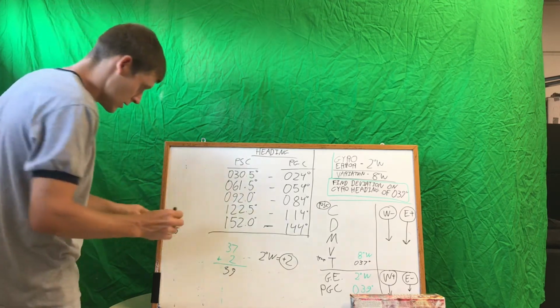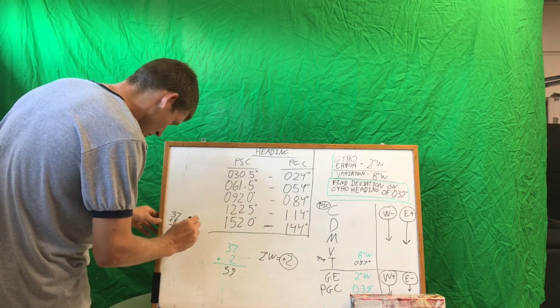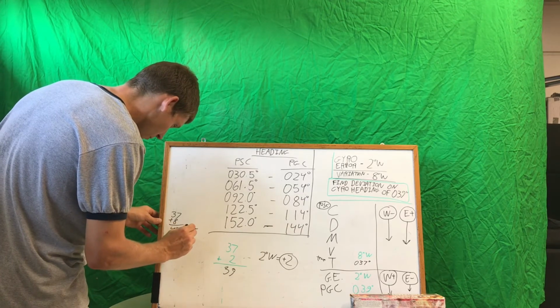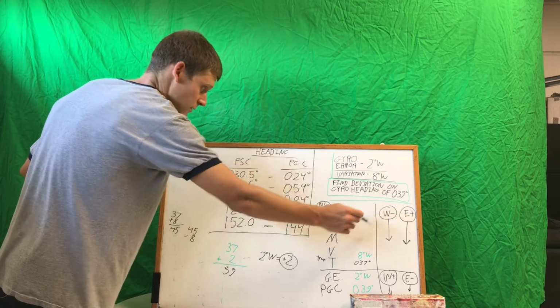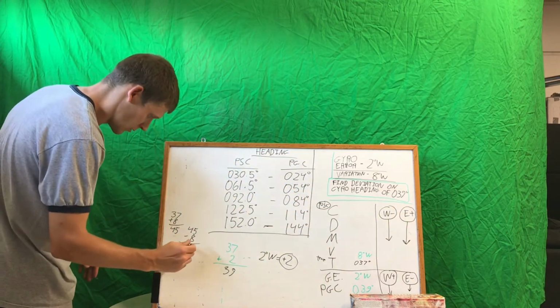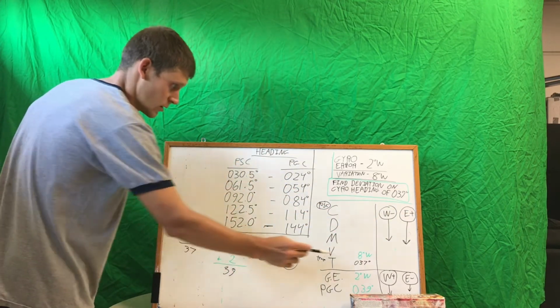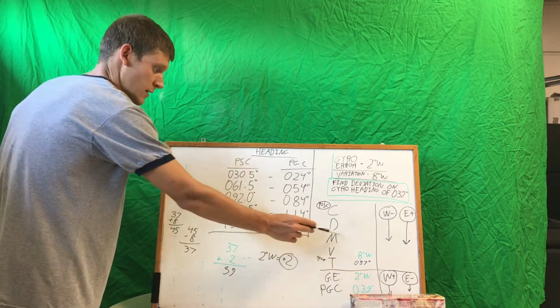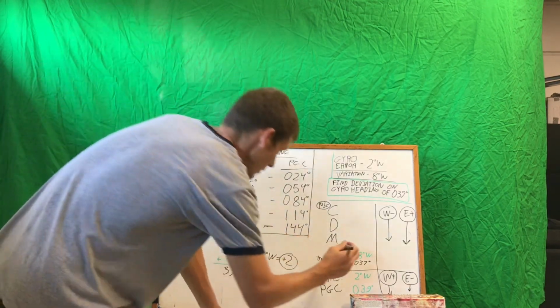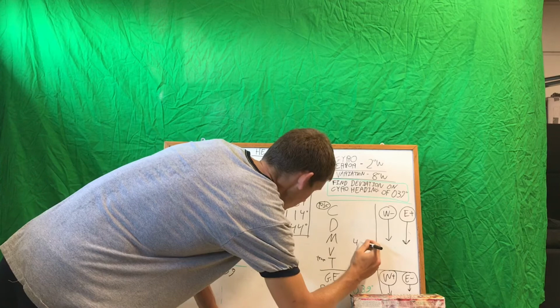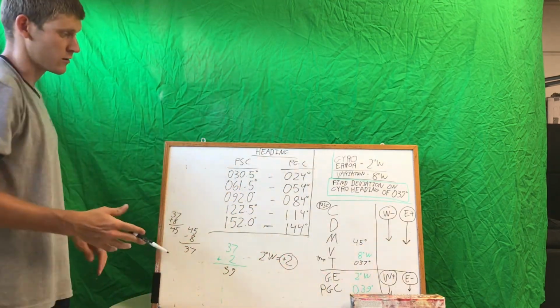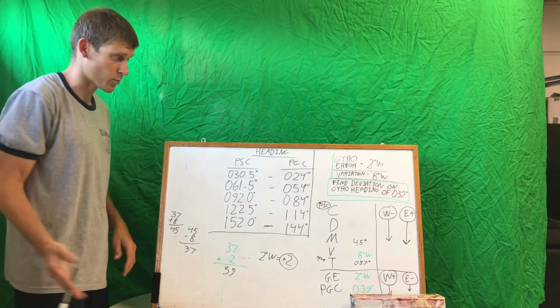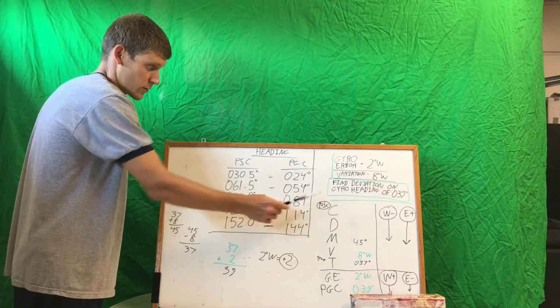And you can check your math: 45 minus 8, because it's west, equals 37. So we know our magnetic heading is 45 degrees. Great.